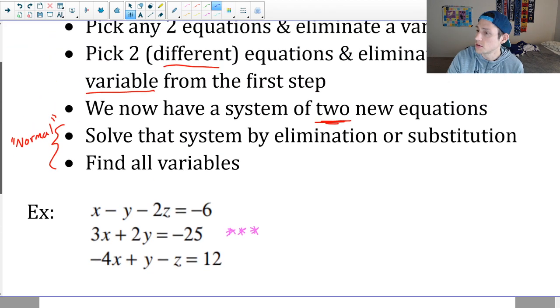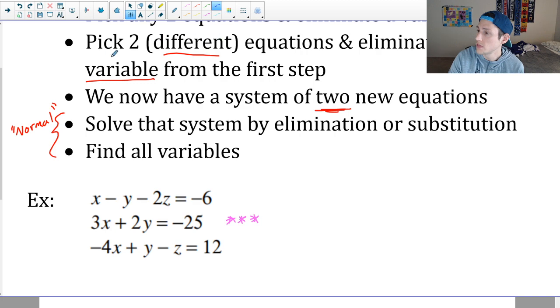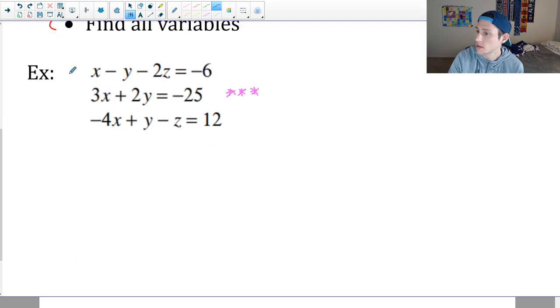Okay, so let's go to step 2. We'll pick 2 of the other equations and eliminate the same variable. So I'm going to look at the first equation and third equation, and I also want to get rid of z since the second equation already has z gone. So let's get rid of z, stay consistent.